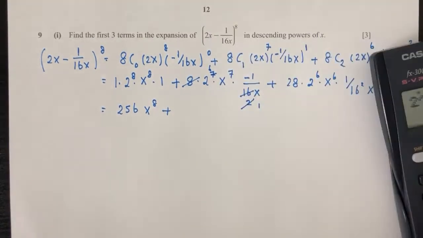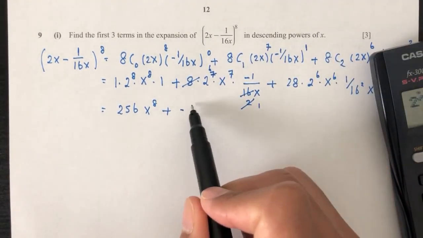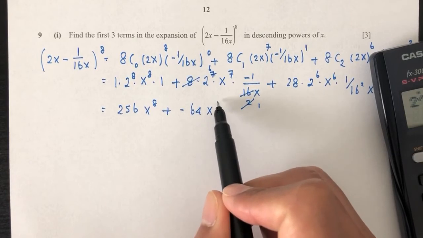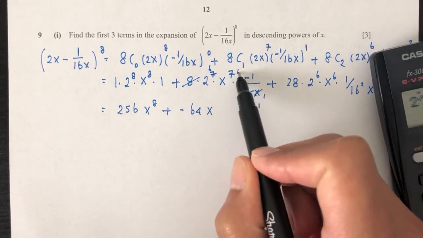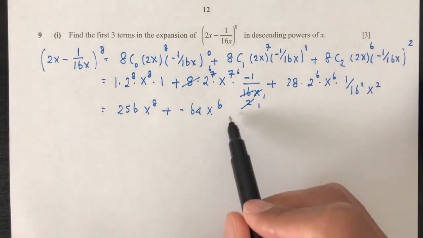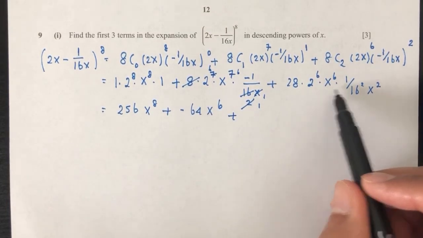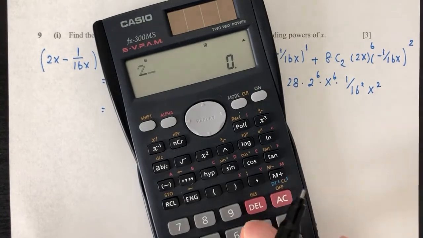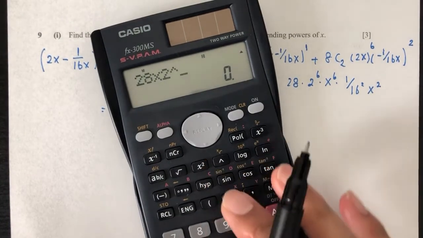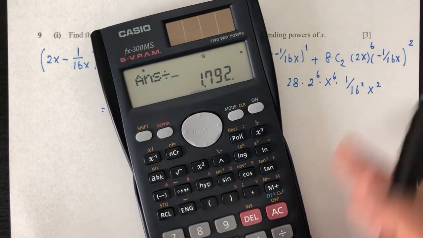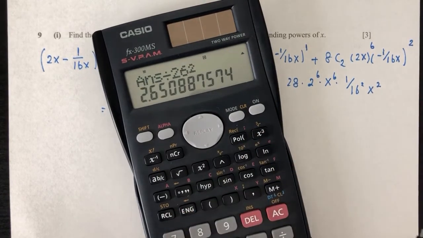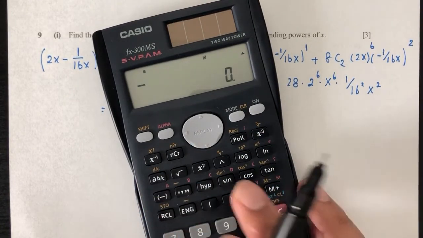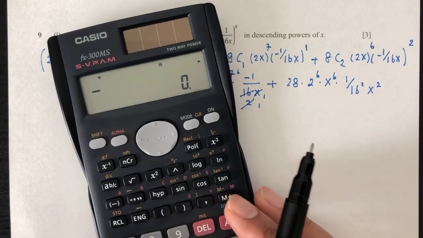It will be 64, we have minus here, so minus 64 x to the power 6. And then for the last part, it will be what? So let's do it, 28 times 2 to the power 6 divided by 16 squared. In terms of fractions, let's see what we can do.